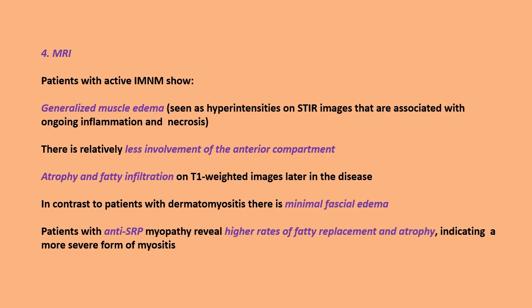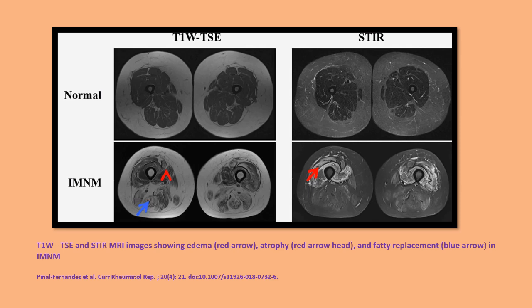Patients with anti-SRP myopathy reveal higher rates of fatty replacement and atrophy, indicating a more severe form of myositis. This figure shows MRI in IMNM with T1 weighted and STIR MRI images showing edema, atrophy, and fatty replacement in the disease.